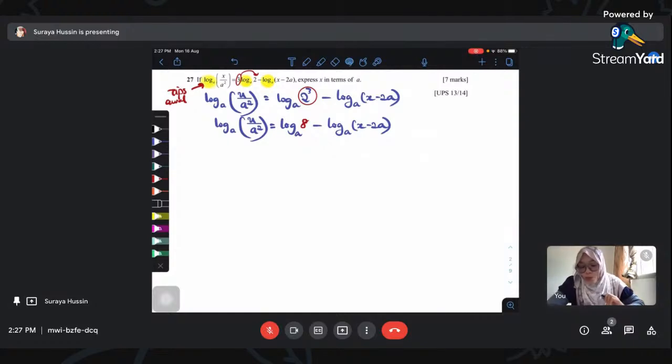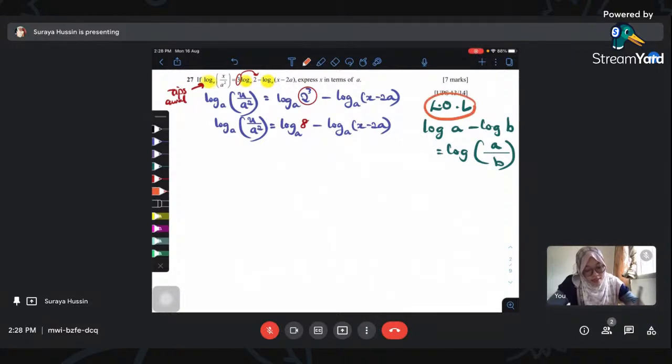So now you know what you can do, iaitu belah kanan ini adalah benda yang sangat familiar. Okay, sangat familiar sebab this is log A minus log B. You will get log A over B. Saya menggunakan law of logarithm, the LOL. I'm using this, the LOL formula.